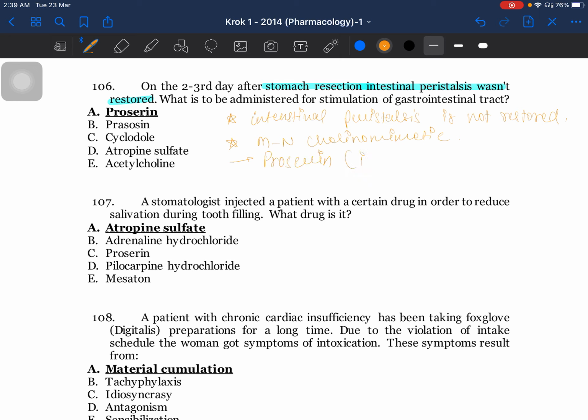It is basically an indirect acting M and N cholinergic. Now this drug does not act on the receptor directly.